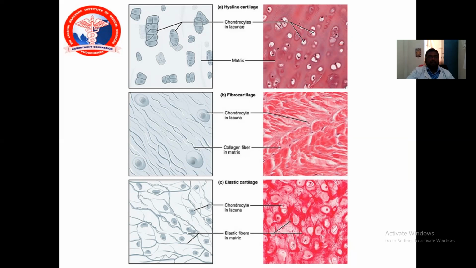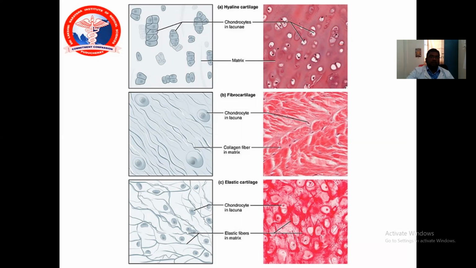It means the refractive indices are the same. In fibrocartilage, the cells are arranged in rows, and the collagen fibers present in the matrix are arranged parallelly. In elastic cartilage, the chondrocytes are placed individually, and you get the elastic fibers in the matrix.